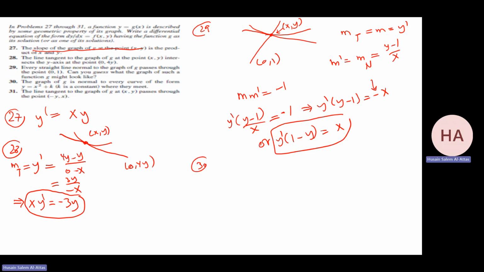The graph of the line, the same thing. The graph of G is normal to every curve of the form this. The graph is normal to every curve. That means what? It's normal to every curve of this.